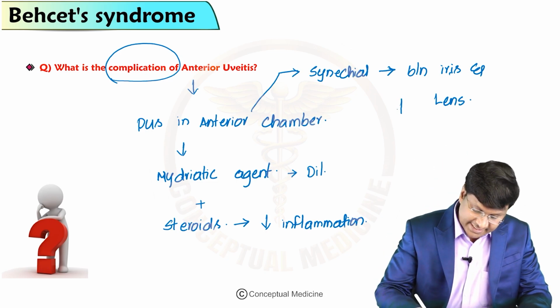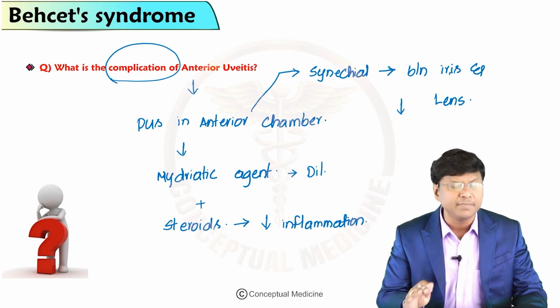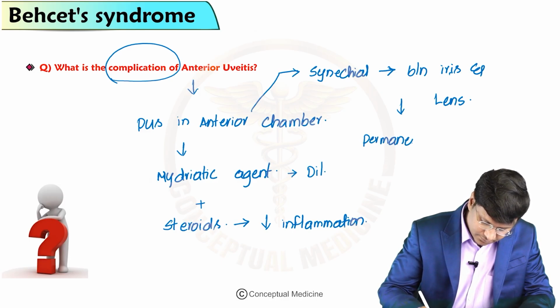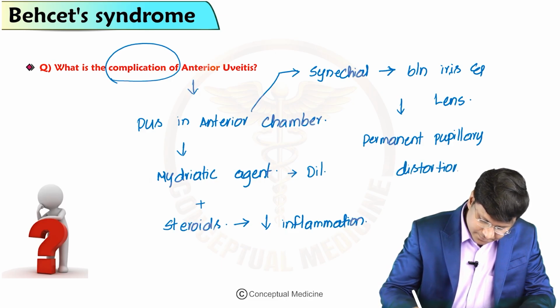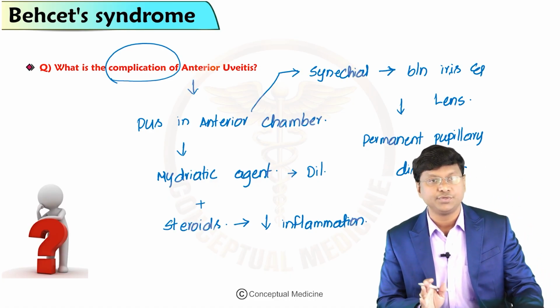And once there is synechial formation between the iris and lens, that will lead to permanent pupillary distortion. Okay, so that is about the complication of anterior uveitis.